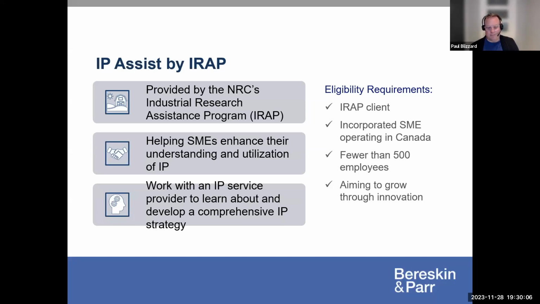The IP Assist program really focuses on education at the beginning, and then the development of a strategy in the middle. If you'd like to work with me, you can ask them to refer you to me. If you work with an IP service provider, you can learn about IP, and you can also proceed with the other phases.